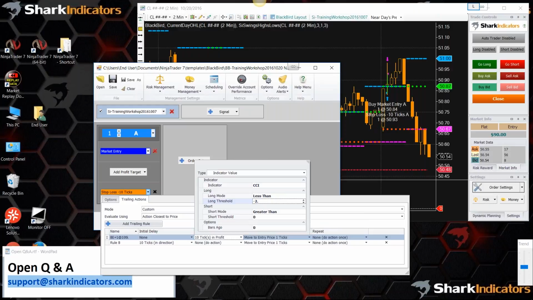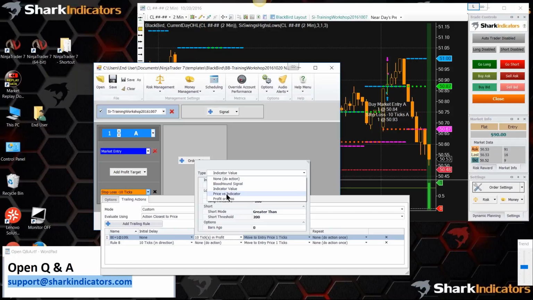Let's do something extreme like 200. Let's say if the CCI goes to negative 200, if you're in a long trade and your CCI goes to negative 200, then do something, right? So BlackBird can do some simple things. If you're in a short trade and your CCI goes greater than a positive 200, then do something, right? So there are some basic indicator triggers that you can use in BlackBird here.